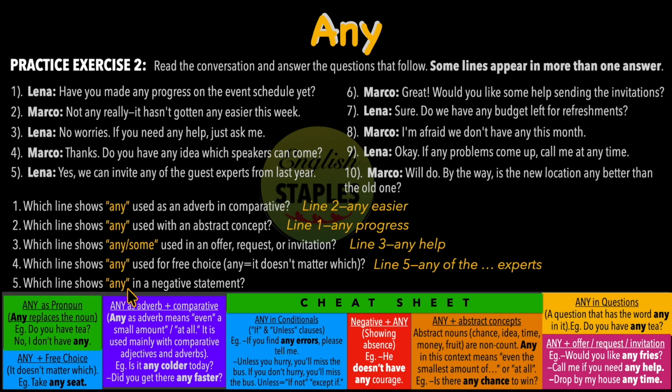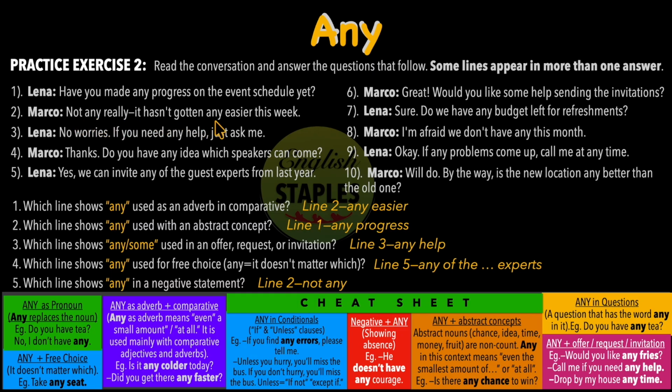Which line shows any in a negative statement? According to our cheat sheet, negative plus any showing absence. He doesn't have any courage. So the verb is, what does he not have? Have. Line 2. Not any, really.